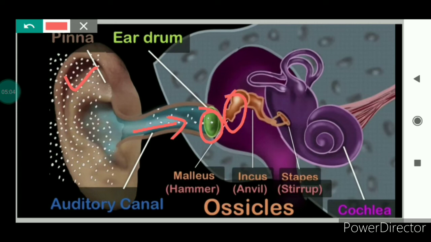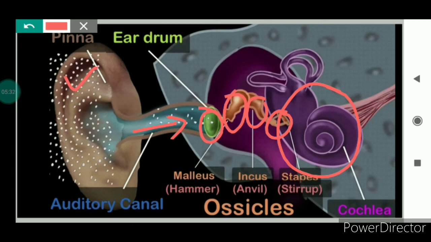From the hammer, vibrations are passed on to the second bone called the anvil, and then to the third bone, the stirrup. From the stirrup, the vibrations are passed on to the cochlea in the inner ear.